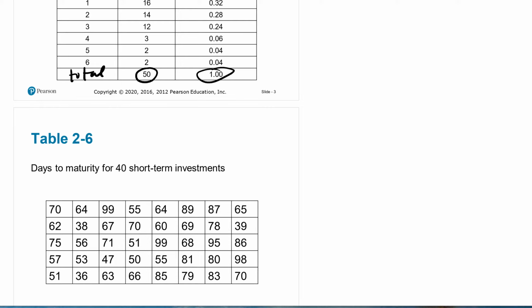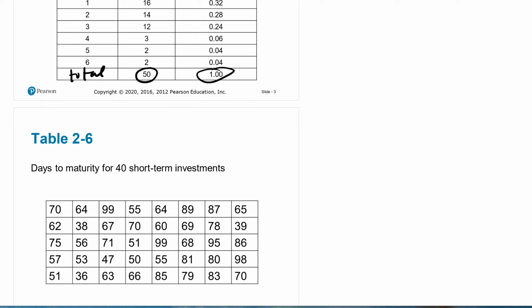But notice in this data there are not so many repetitions, if any. I see 70 twice, 3 times, but then 71, there's probably only one. 75, maybe only 1 or 2. 55, only 1. 53, only 1. So you see the spread of the data. There aren't so many repetitions here, unlike the previous example.